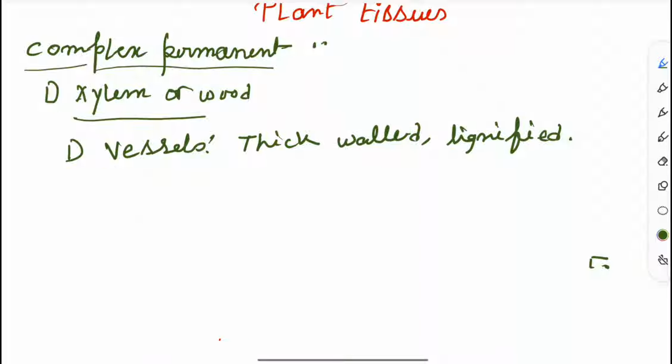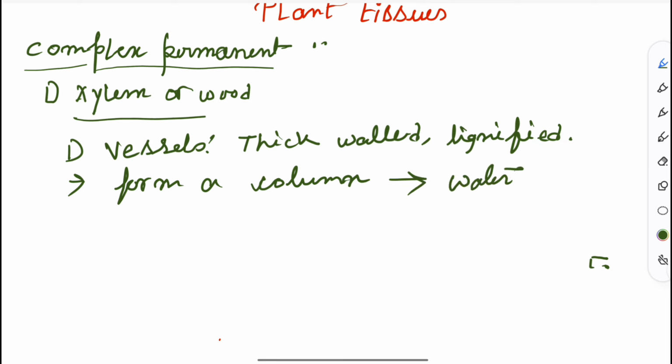The walls between these cells are almost or completely dissolved. As a result, they arrange themselves in a vertical row and form a column, a tube-like structure that acts like a water pipe.